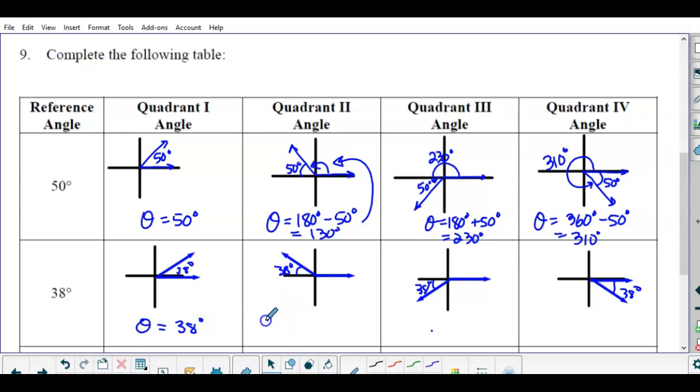When it's in the second quadrant, it's 180 minus the reference angle. So that would be 142. In the third quadrant, it will be 180 plus the reference. And in the fourth quadrant, 360 minus the reference.